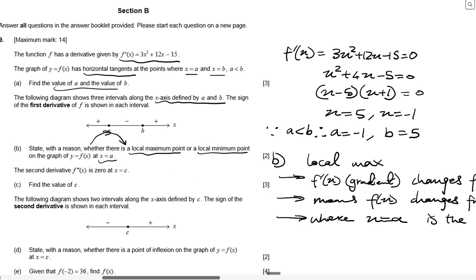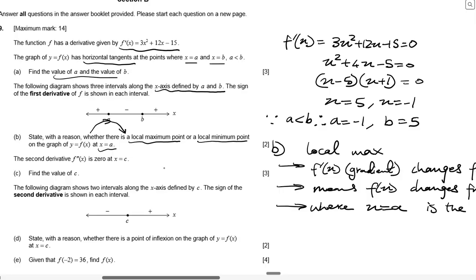And that should be sufficient. We only need one line of reasoning.